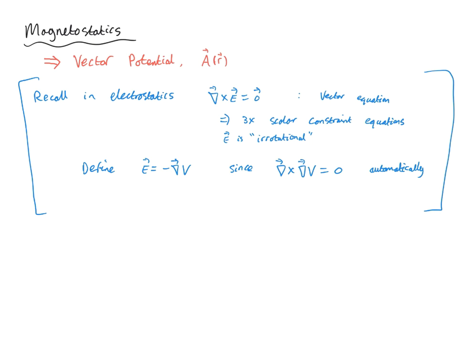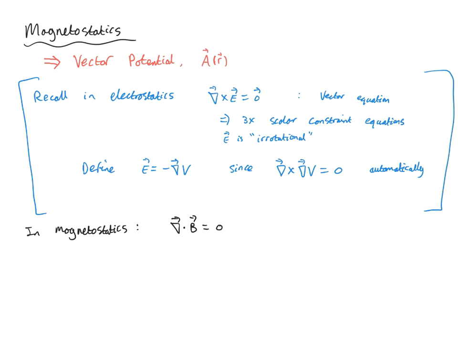Let's now look at magnetostatics. What's the equivalent situation for magnetostatics? We have again a constraint equation for the magnetic field. It's that the divergence of the magnetic field is equal to 0. So again, this is a constraint equation because it tells us that not all vector fields can be magnetic fields.